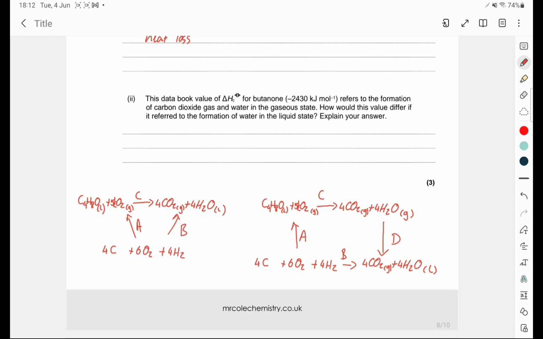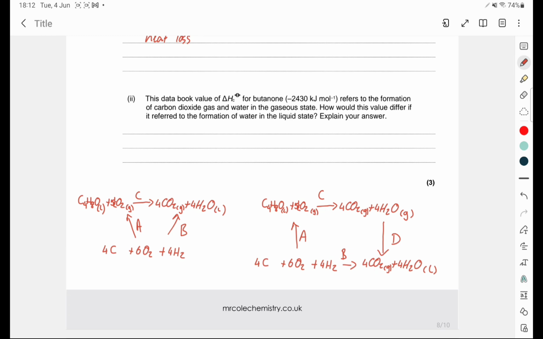Well, step D, you can see that nothing is happening to the carbon dioxide, but you can see that the water is turning from a gas to a liquid. So in order to know what the overall effect of C and D is, we have to know whether turning water from a gas to a liquid is an endothermic reaction or an exothermic reaction.